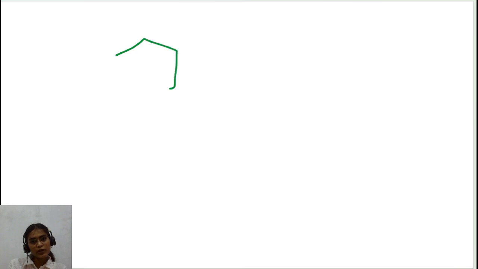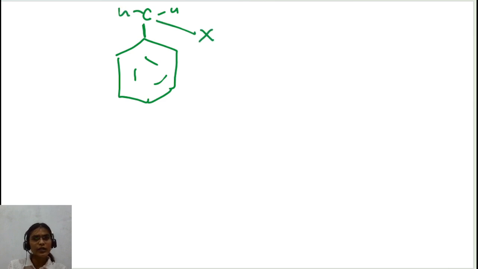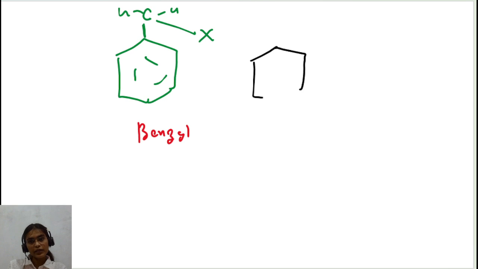If this is my benzene, connected with this CH2 and maybe some X, Y, Z substituent, this is known as a benzyl. And if this carbon is connected with only one hydrogen and any other substituent, it is still going to be benzyl.